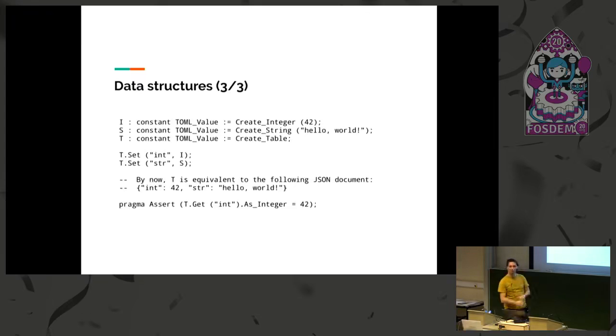Yes? We have three create integer, create string, and create table functions. Why are they not simply called create with different types of parameters?